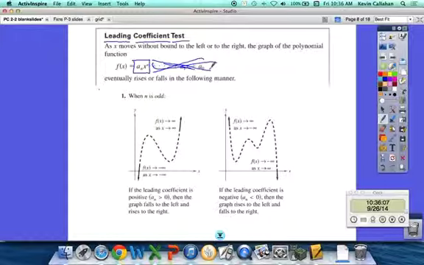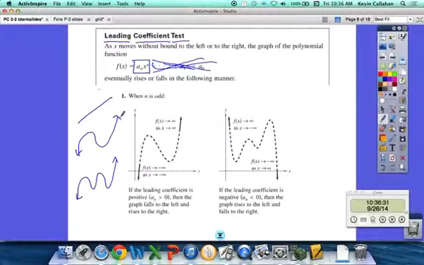And this is how it works. When the highest degree is odd, an odd number, remember, odd number means like linear or cubic, right? Linear goes like this. Cubic goes like that. Actually, we even showed the 5th degree went like that. Every one of those is either going to start negative and end positive, or if it was like a negative slope, it would start positive and end negative, right?